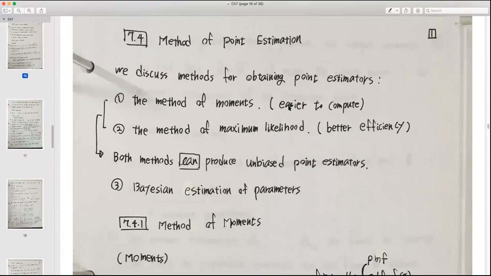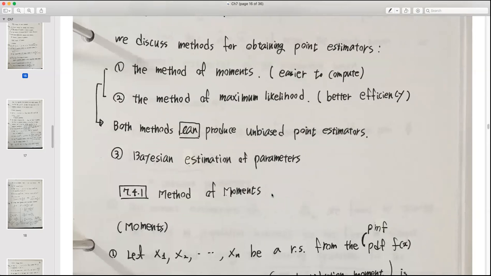So 7.4, the methods of estimation. I'm going to introduce three methods for finding a point estimator. The first one is the method of moments, the second is the method of maximum likelihood, and the third is the Bayesian estimator. So we are doing the method of moments.